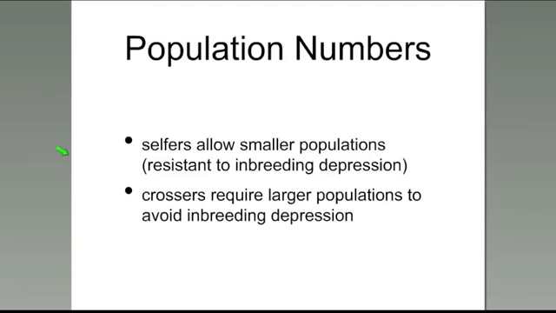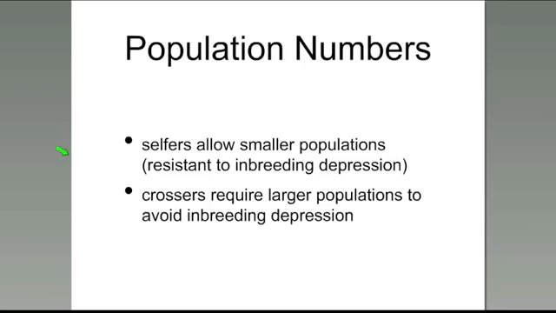Outcrossers are very different. They require larger populations to avoid that inbreeding depression. What is inbreeding depression? Why do you want to avoid it? Well, inbreeding depression manifests itself in undesirable traits like smaller stature, slower growth, more prevalence of off types or strange shapes happening, lower fecundity, which is lower ability to produce pollen and seed, and generally just lower yields.